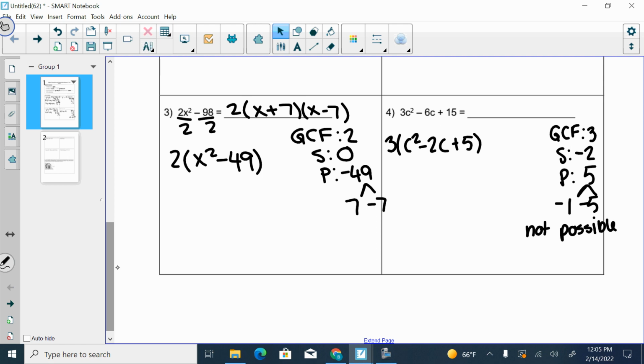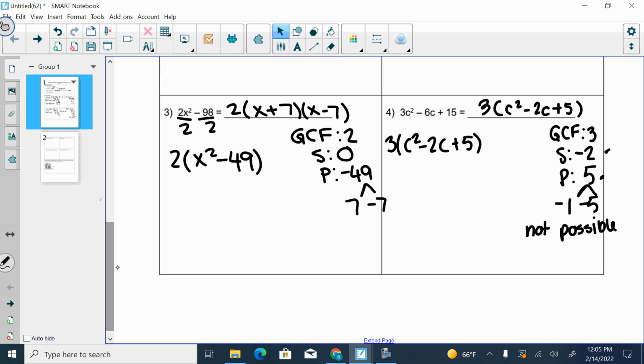If you get to this point and there are no numbers that will multiply to give you this one and add to give you this one, the most you can do is take out your GCF. So you have to stop right there. This part would be your answer. You took out the GCF, and that's where you have to leave it.